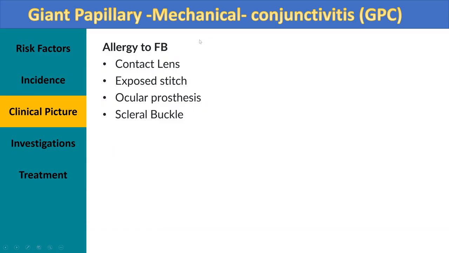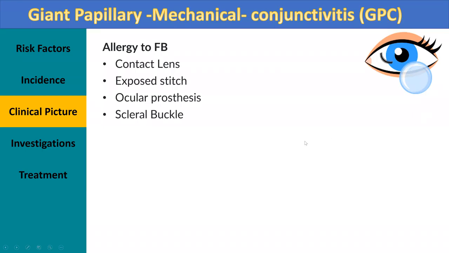What are the causes of mechanical irritation? It will be allergy to a foreign body, such as a contact lens. Patients who are contact lens wearers can develop conjunctival irritation and papillary conjunctivitis. Also, an exposed stitch.